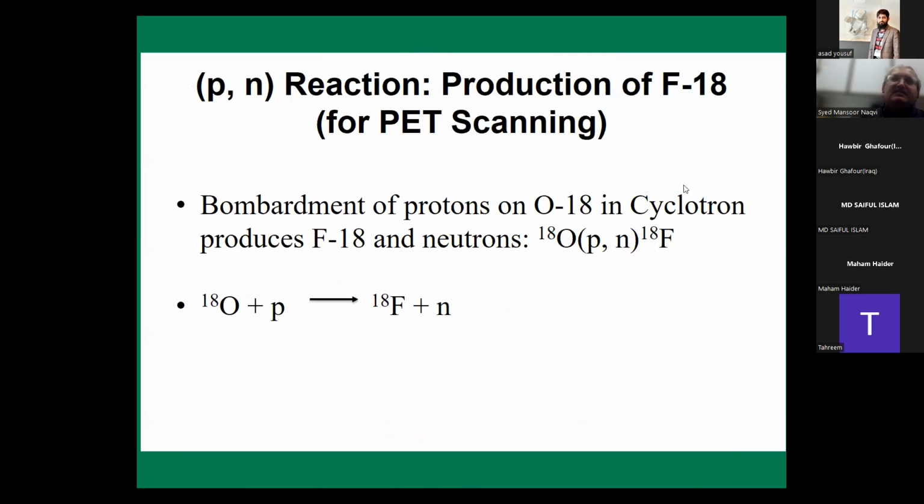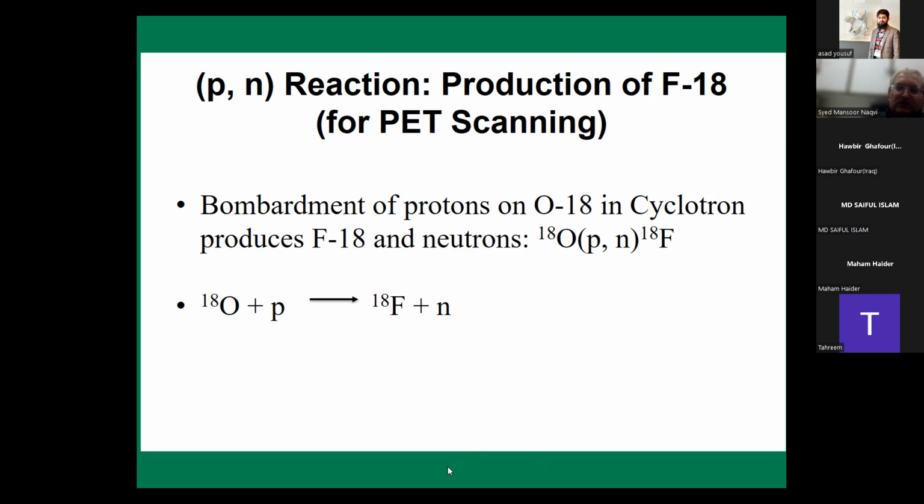This is the reaction which is carried out in the cyclotron to produce fluorine-18, the proton-neutron reaction. Here protons are bombarded on oxygen 18, and as a result fluorine-18 is produced with a neutron. This important reaction occurs in the cyclotron, where hydrogen gas is used as a proton producer, and they are accelerated.